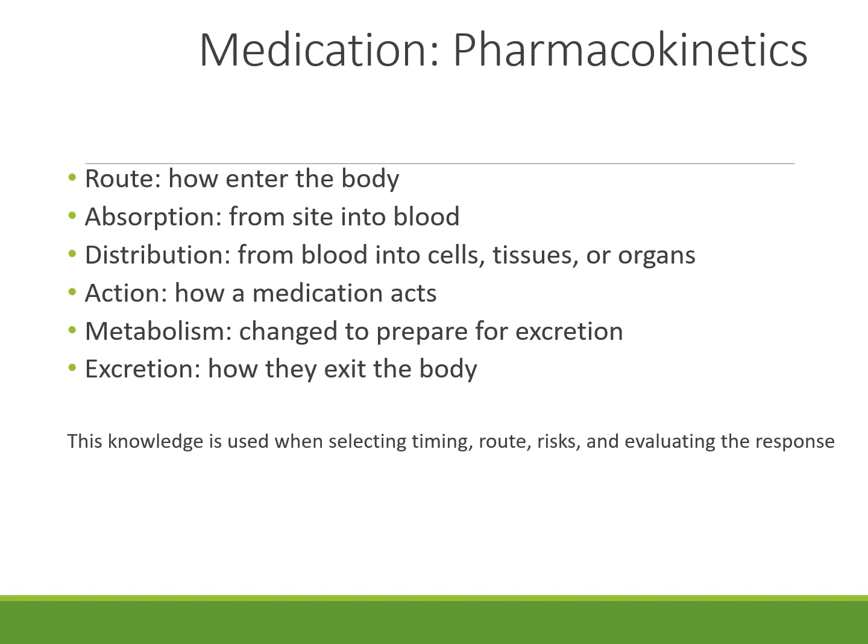It will be distributed from the blood going into some part of the nervous system, particularly in the skull area, in order to relieve headache. Another drug is taken for diarrhea. This drug from the blood can be distributed into the GI tract in order to relieve or manage some manifestations in relation to diarrhea. So that is distribution.